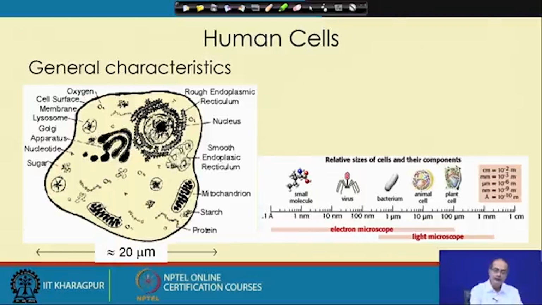Within the nucleus we first get a boundary, and inside that we get some fluid called nucleoplasm, and some circular objects within it called nucleoli.